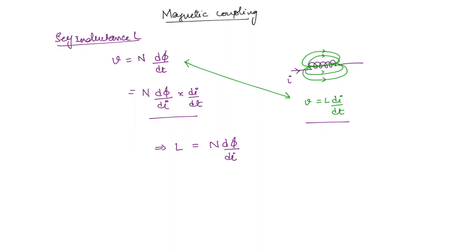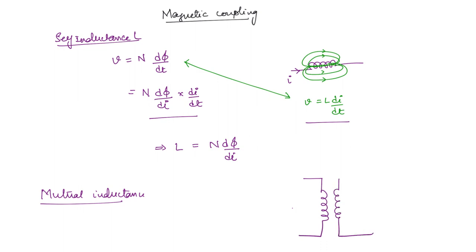Now the next term that we need to know is the mutual inductance. Here you will be dealing with two coils. Let us take this to be coil 1 and there is another coil like this, coil 2. Now let us say a current I is flowing through the first coil. No current is flowing in the second coil.